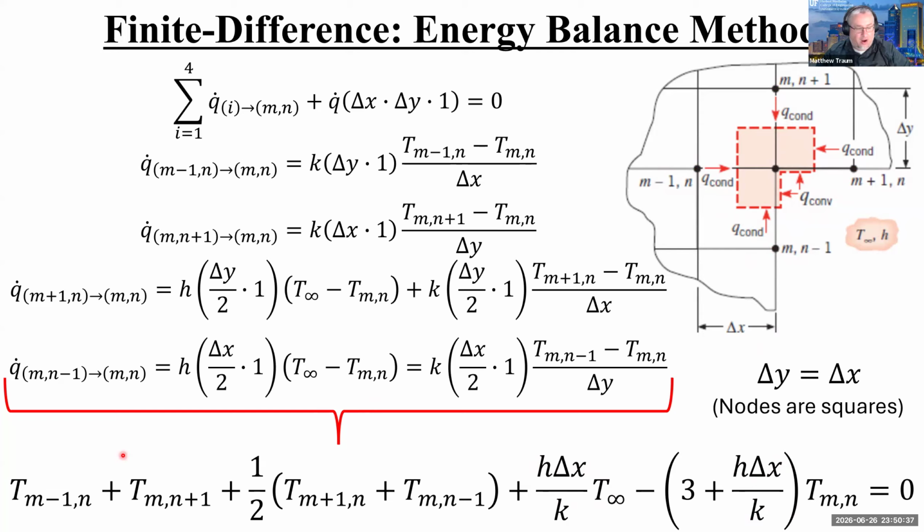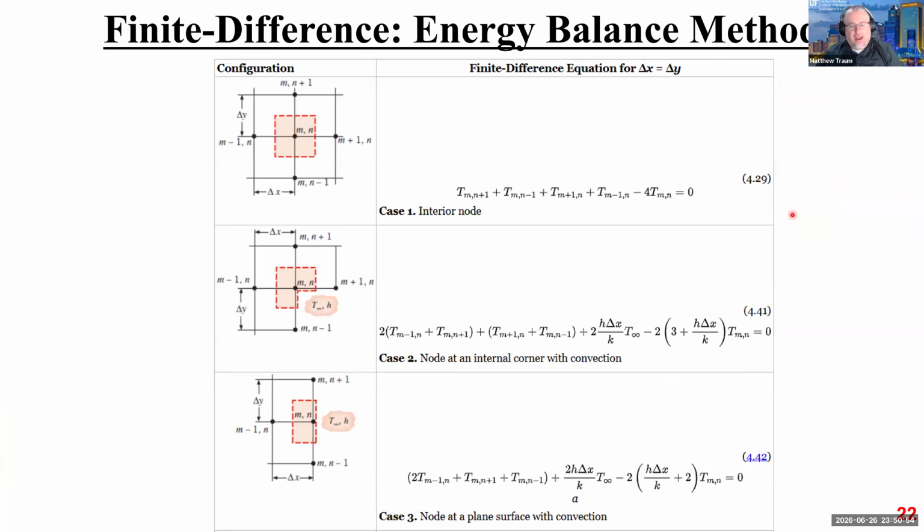I know this temperature, this temperature, this temperature, this temperature, and I'm solving for this temperature, right? So just the way we did it before, with just a couple of extra terms that now account for a convective heat transfer coefficient instead of a conductive one. So no big deal.